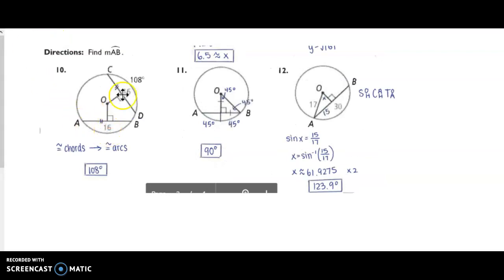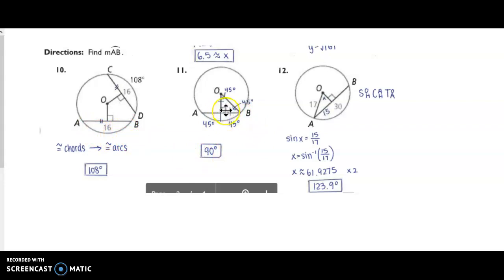All right, and some arc problems using the properties, congruent chords. If congruent chords, then congruent arcs. So if the chords are 16, and if arc CD is 108, that must mean that arc AB is also 108.